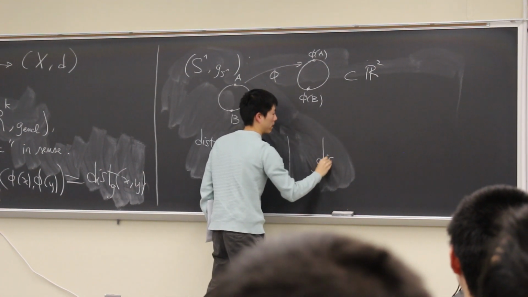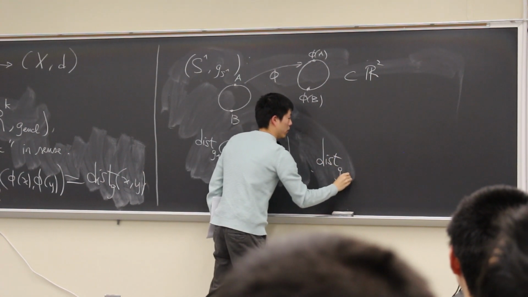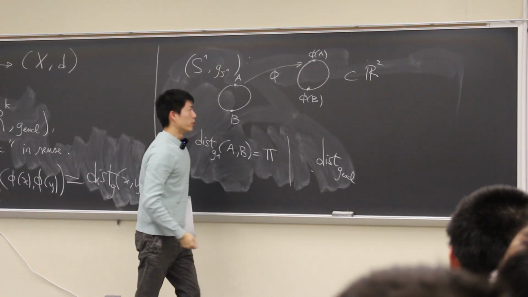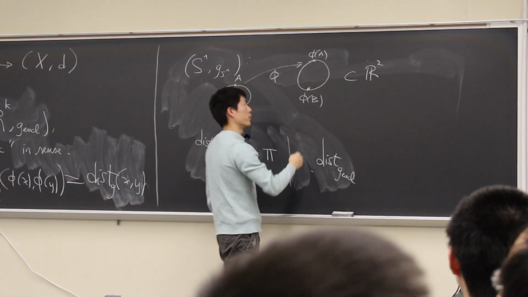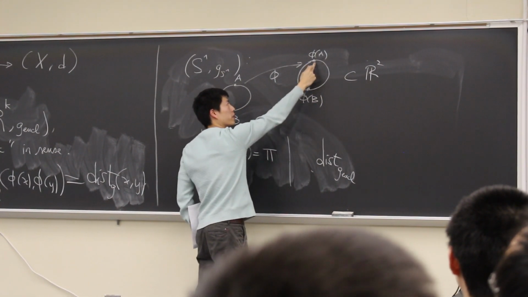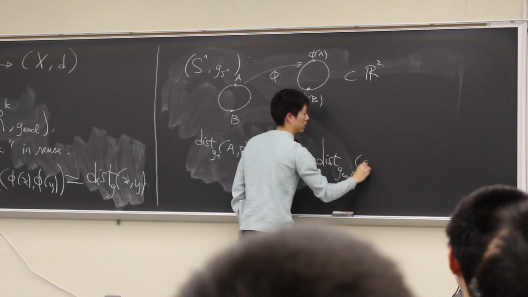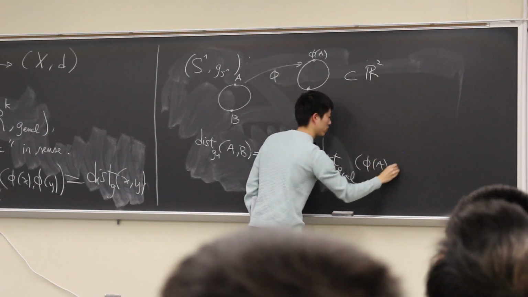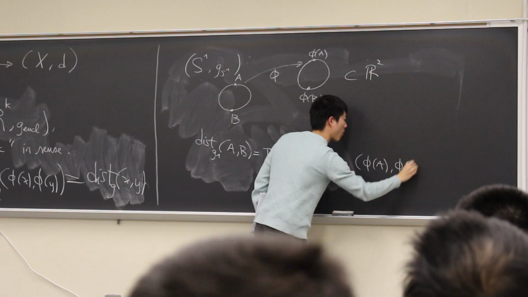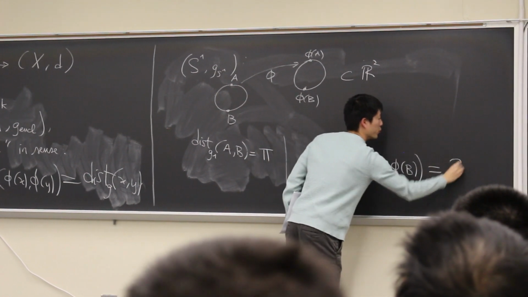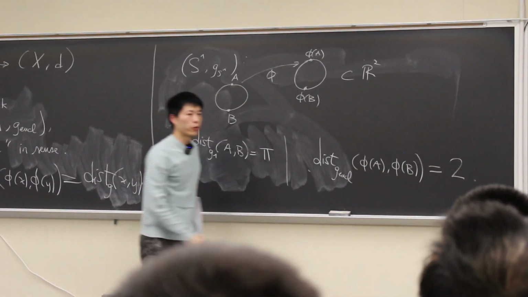Nevertheless, if you are inside R2 with the usual distance in R2, the distance between the images is just 2, right? Any questions?